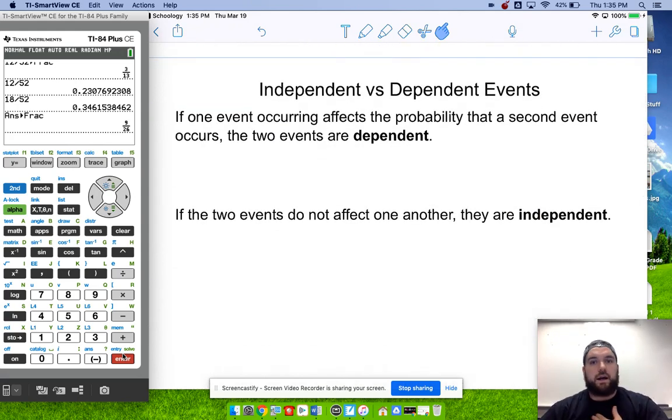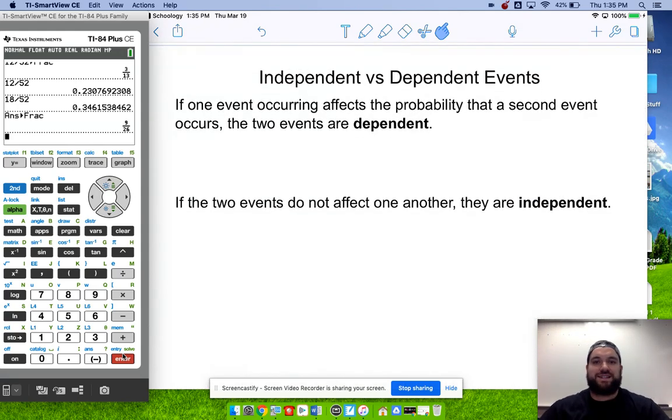All right, the big topic that we have to talk about today is independent versus dependent events. So in a nutshell, 2 events are independent if they have nothing to do with one another, if the one event occurring does not affect the probability of the second event occurring. And if one event does indeed affect the other one, then those are called dependent events.